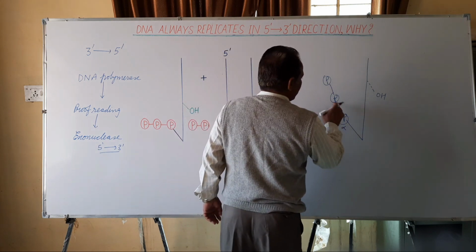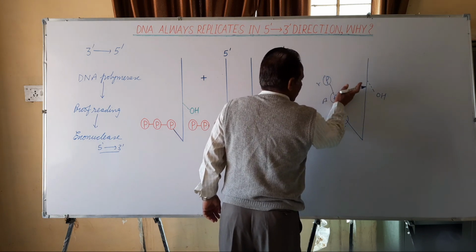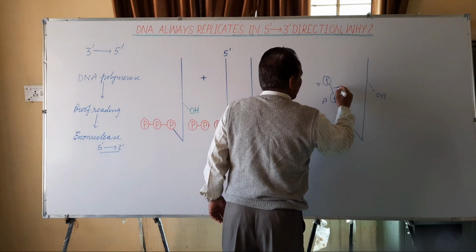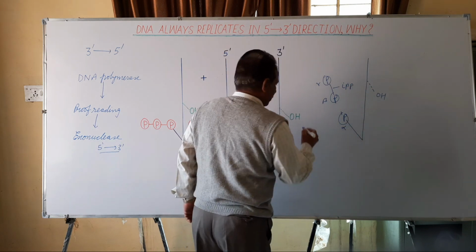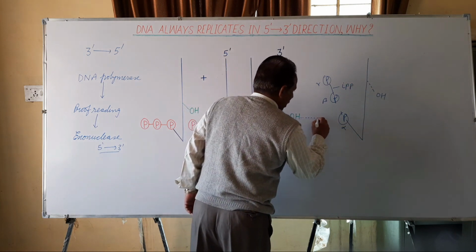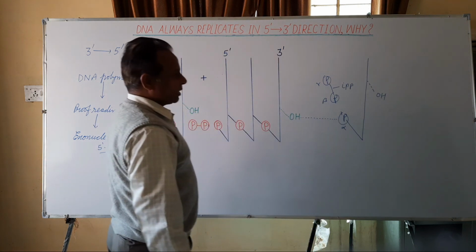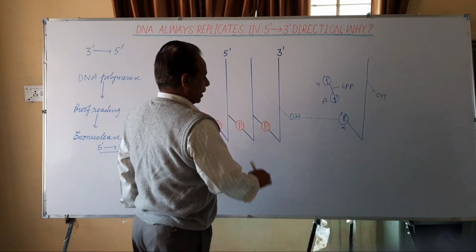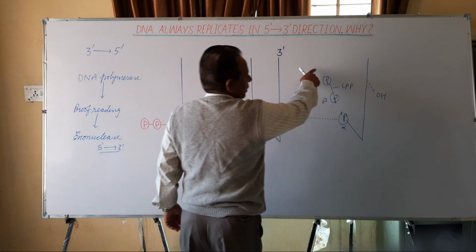In this reaction, the beta and gamma phosphates are released in the form of pyrophosphate, providing the energy required for the formation of the phosphodiester bond. As a result, the process of replication remains continuous in 5' to 3' direction.